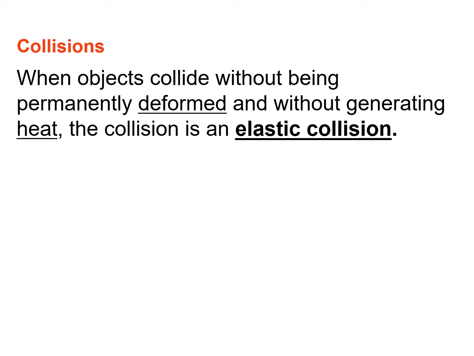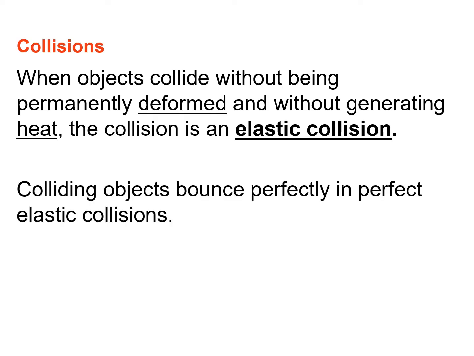There is no friction, there's no heat generated, there's no loss of energy. Then that's a perfectly elastic collision. Obviously, that's an ideal situation. So, if a colliding set of objects bounce apart perfectly, then we call that a perfectly elastic collision.